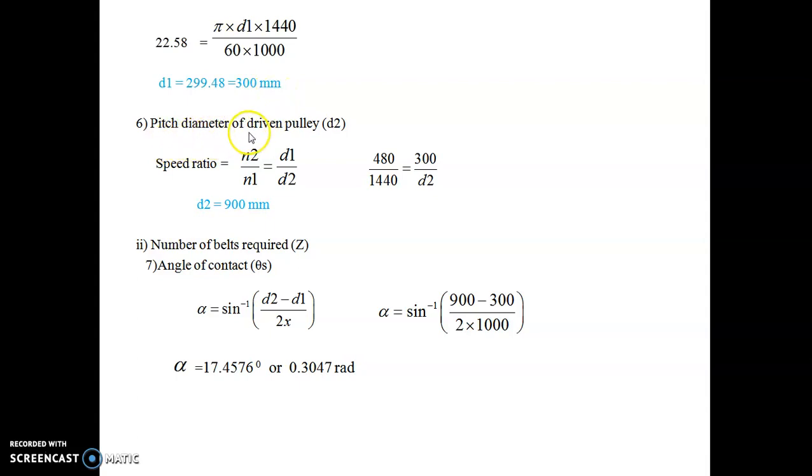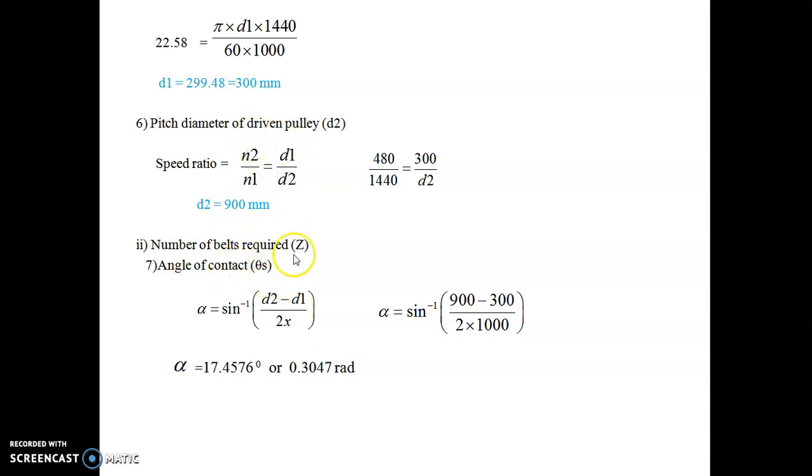Next, diameter of driven pulley D2. From the speed ratio, that is N2 upon N1 equal to D1 upon D2. Now we can put the value of N2 480, N1 1440 and D1 300 mm. We can get the value of D2 900 mm. That is diameter of driven pulley.